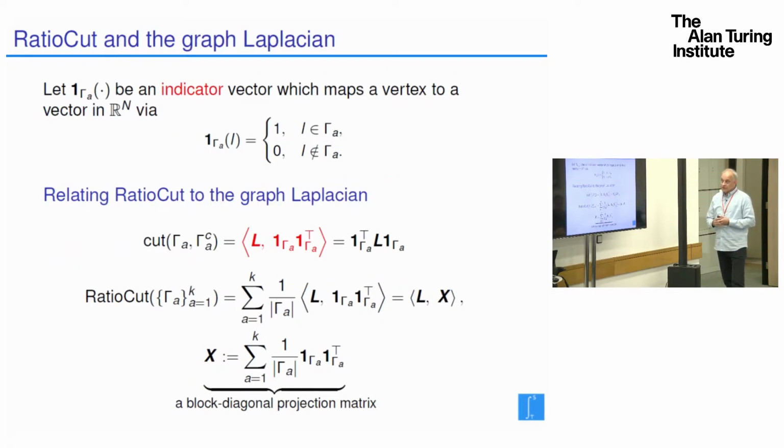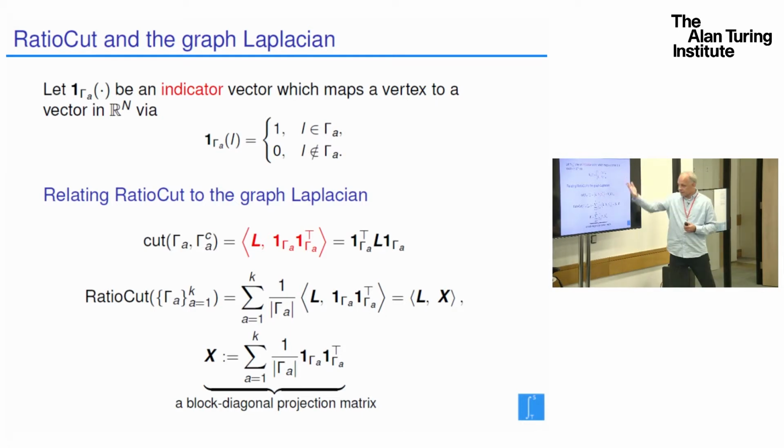There is an obvious connection to the graph Laplacian. We can introduce this indicator vector that has 1 when a certain node belongs to one part of the graph, 0 if it does not belong to that graph. And then I can write this cut simply as the graph Laplacian inner product with this, for the submatrix A, for this sub part of the graph, with this outer product of this indicator vector.